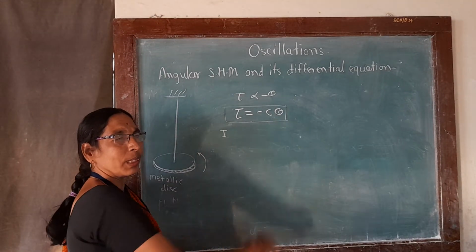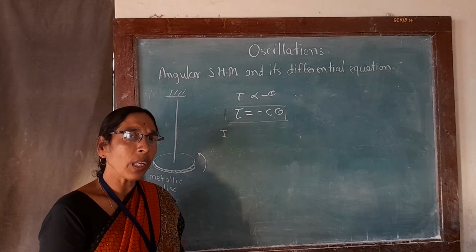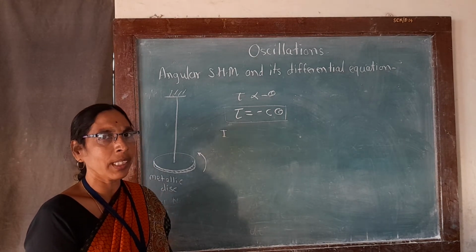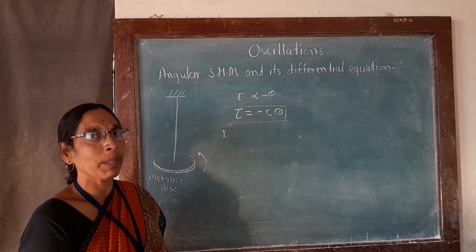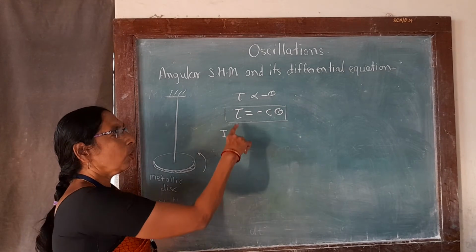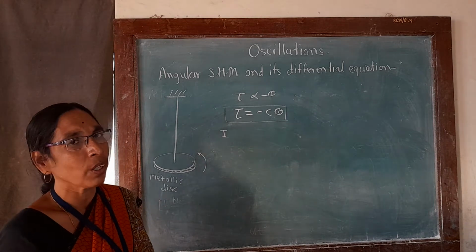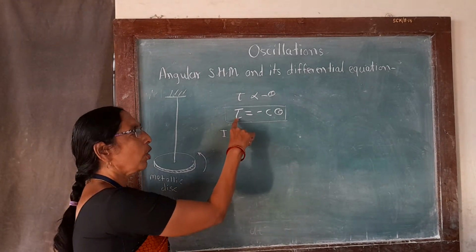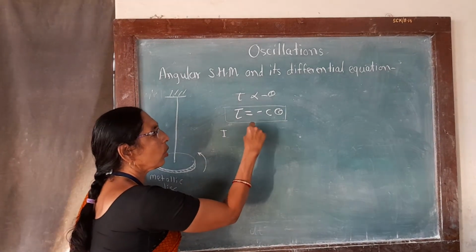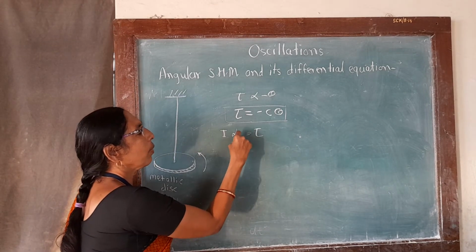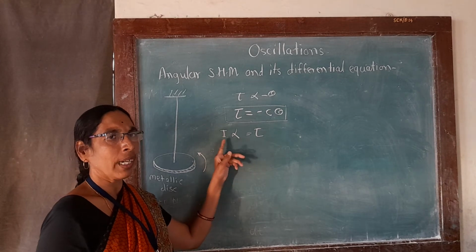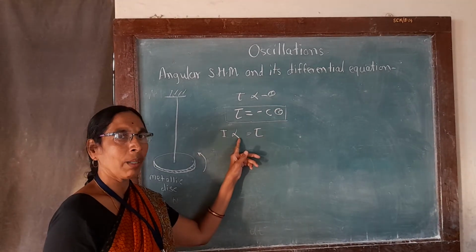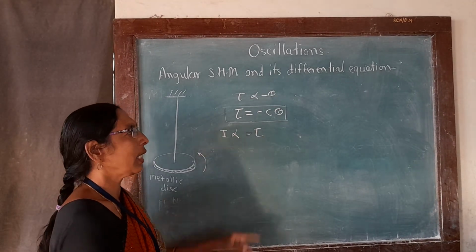So if we consider I is the moment of inertia of the body performing angular SHM, then if theta is angular displacement, the value of angular velocity is d theta by dt, and angular acceleration is d2 theta by dt square. In rotational dynamics we have also studied that torque is equal to I into alpha, where I is the moment of inertia and alpha is angular acceleration.